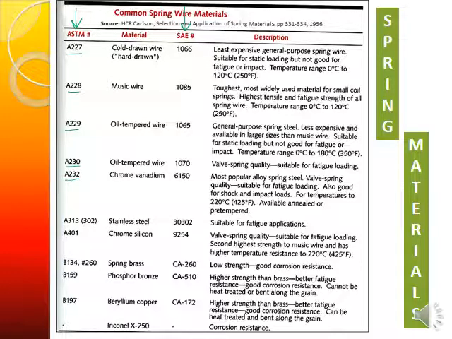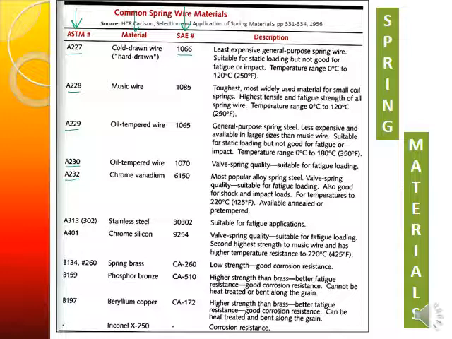And the corresponding SAE number is 1066. In other words, ASTM A227 is the same as SAE 1066. Here we are talking about the material now. It's a cold drawn wire. It is called music wire. This is called oil temper wire. This is again called oil temper wire.